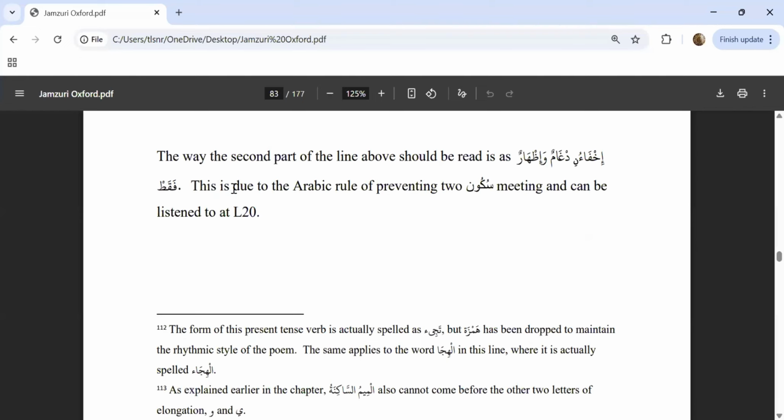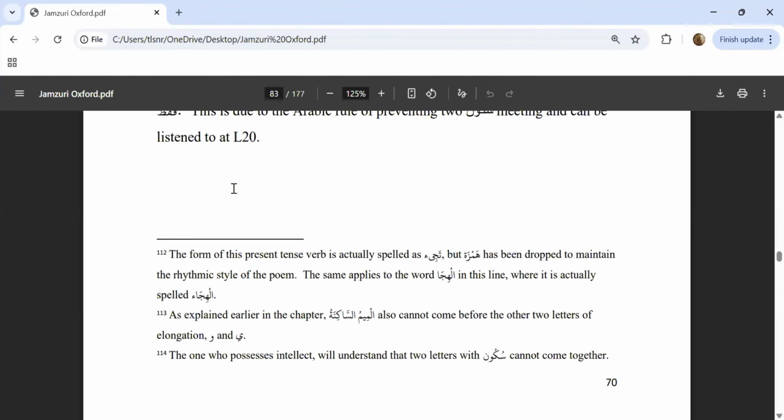And again, you'll want to take care of the footnotes in each section. So if we look at footnote 112, we see the form of this present tense verb is actually spelled as taji, but again, that hamza has been dropped to maintain the rhythmic style of the poem.